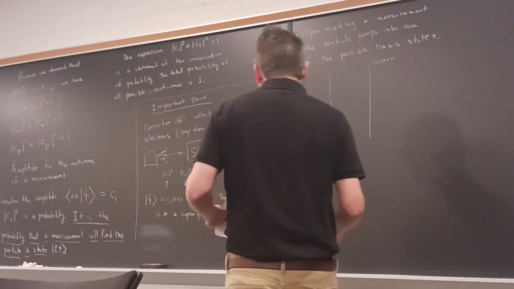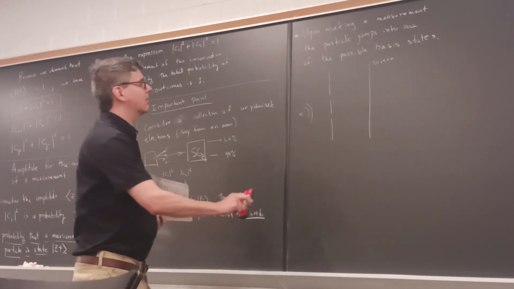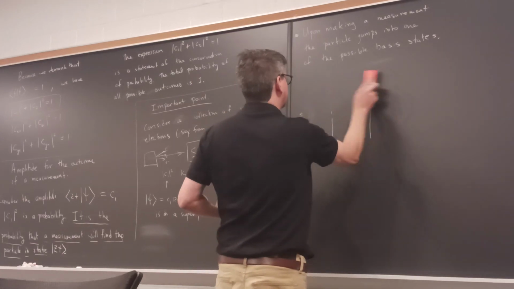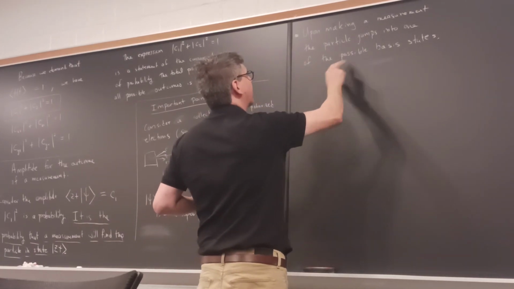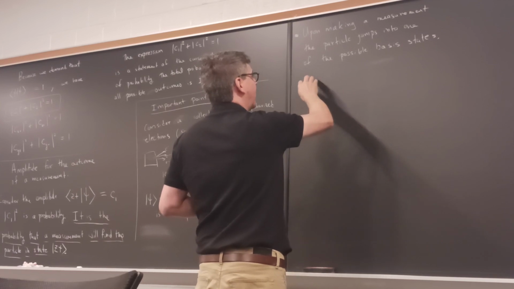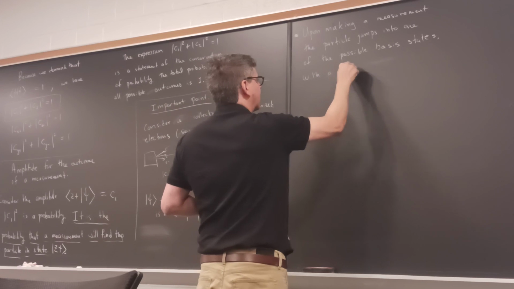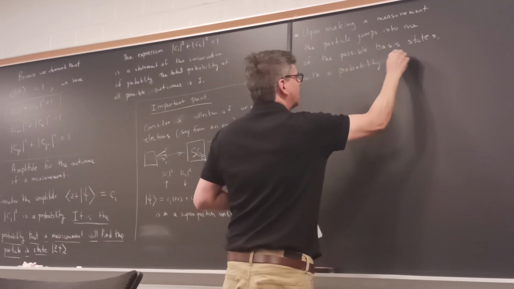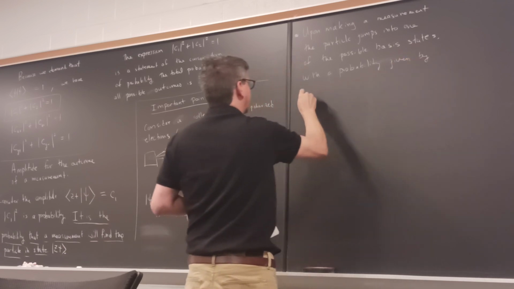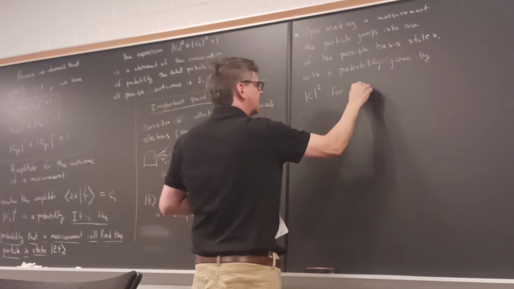So upon making a measurement, the particle can jump into one of the possible basis states with a probability given by c squared for that state.